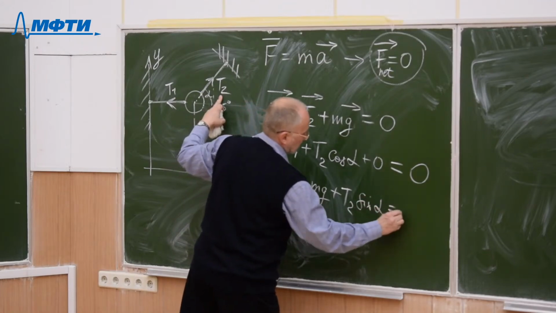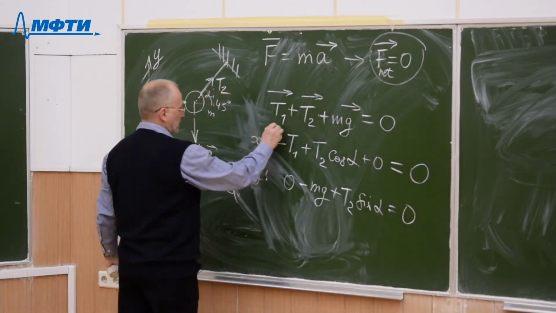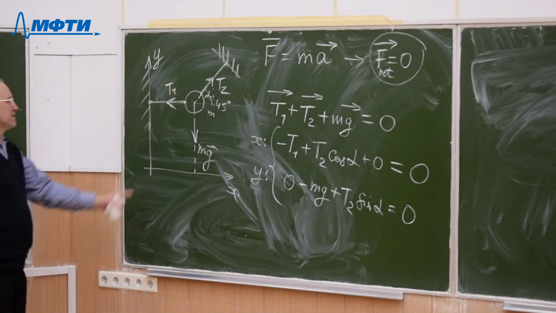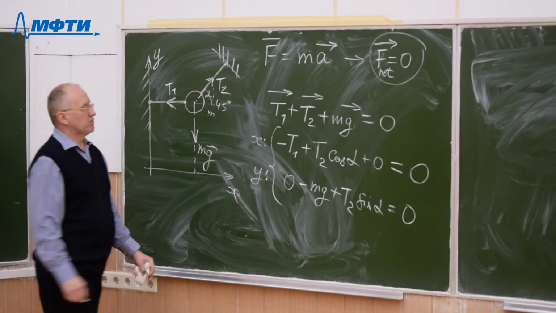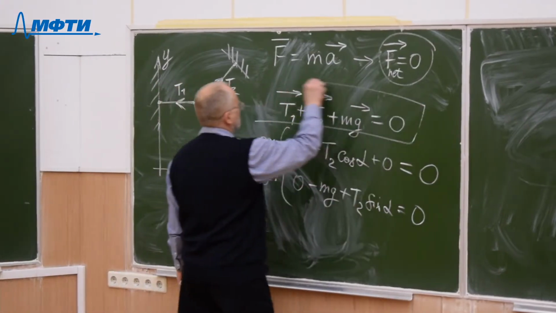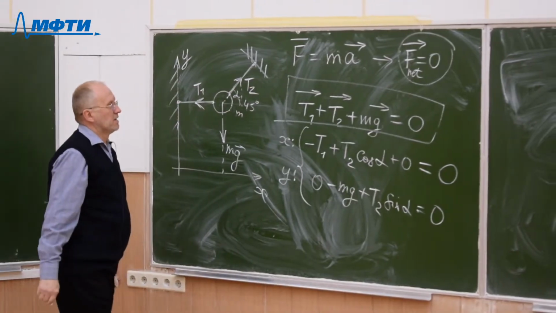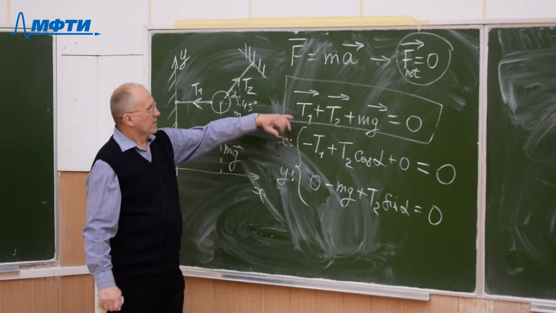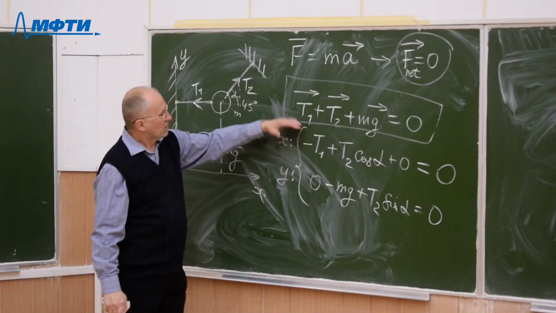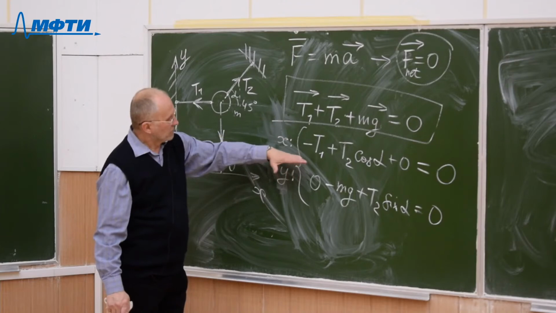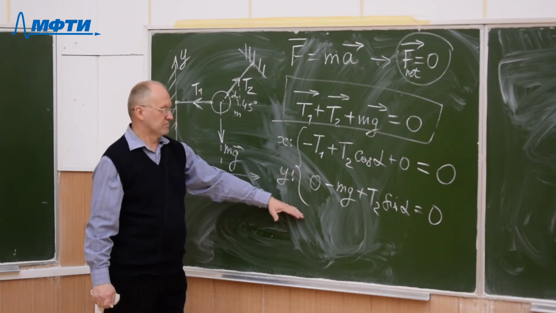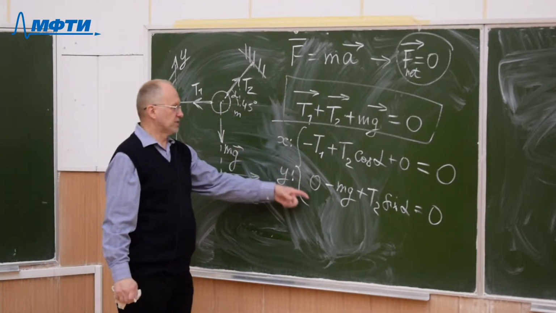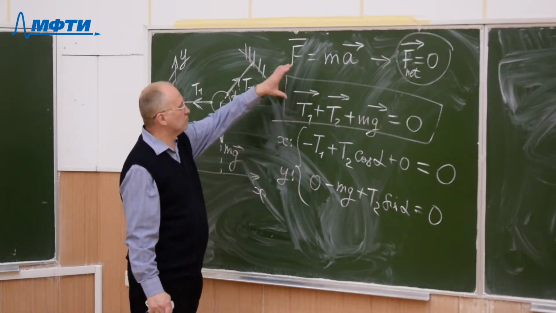And that must be equal to 0 because of the condition of static equilibrium of our body. So the vector equation can be reduced to two scalar equations, which are equivalent to one vector equation.